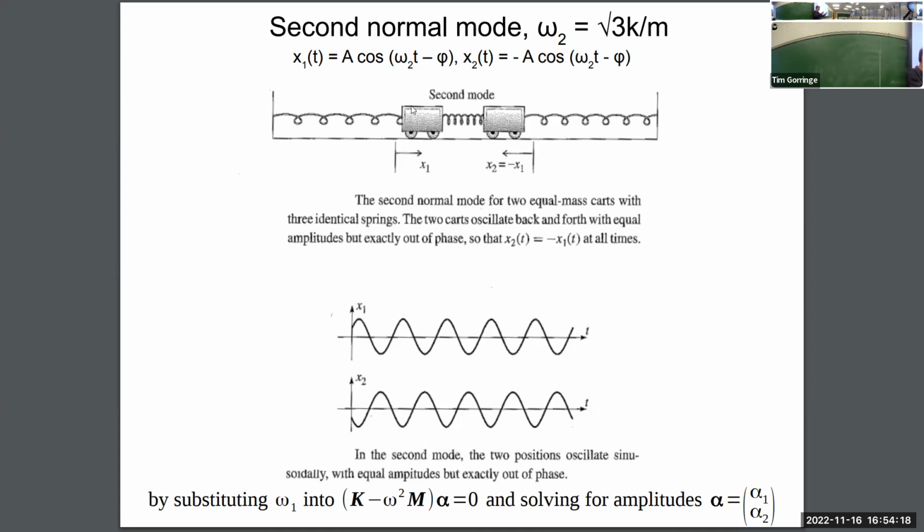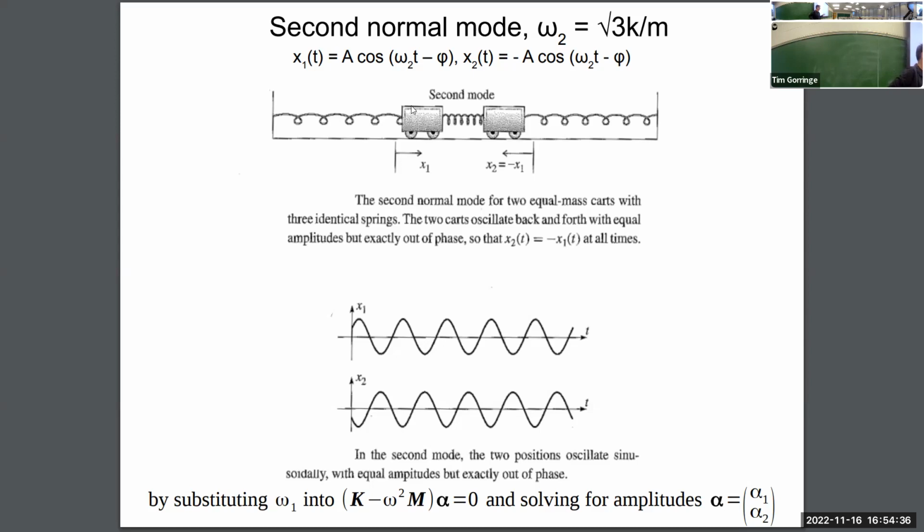In this case, again, you get simple sinusoidal oscillations of the two masses. You'll get these oscillations at the same frequency, but now they're out of phase. They have the opposite phase. And so that's the second mode.